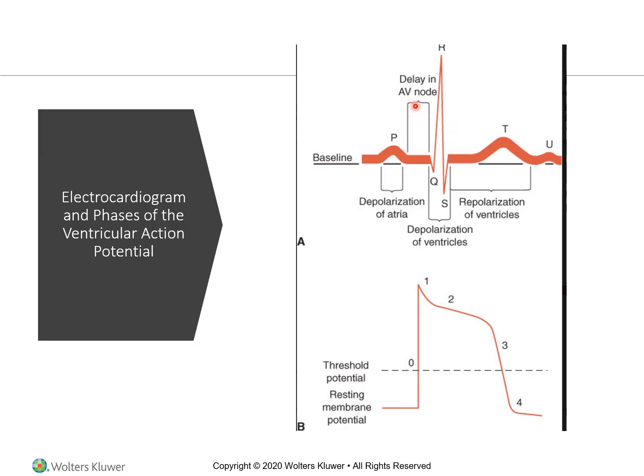As it hits the AV node, remember we said that there's that electrical activity delay in the AV node that allows for that really efficient full filling of the ventricles before they end up contracting. That's where we see this on the EKG. So there's that little delay of electrical movement through the AV node that causes a bit of a pause in electrical activity, even though we have depolarization happening, right?